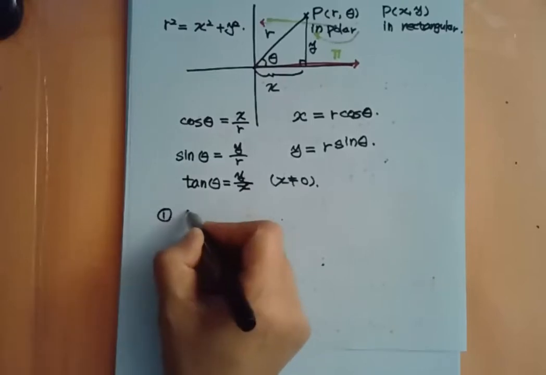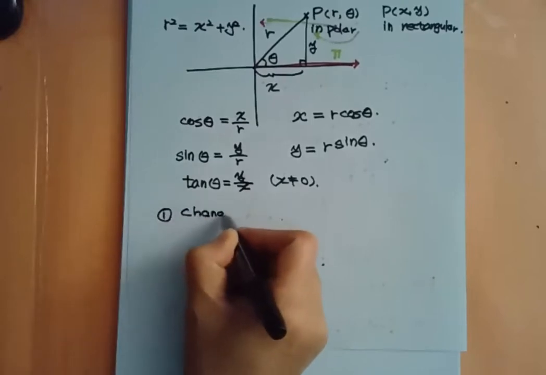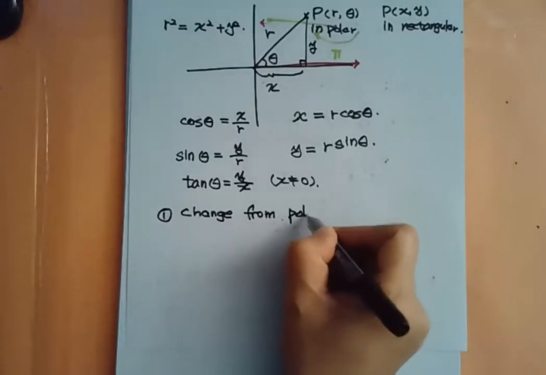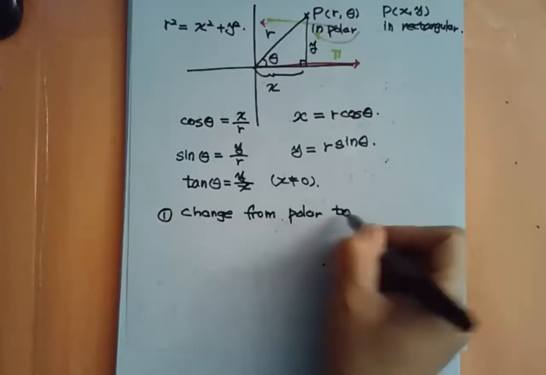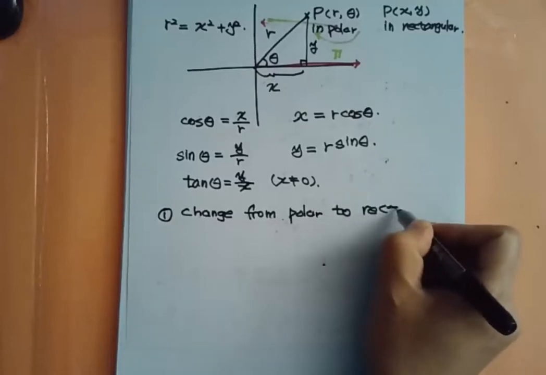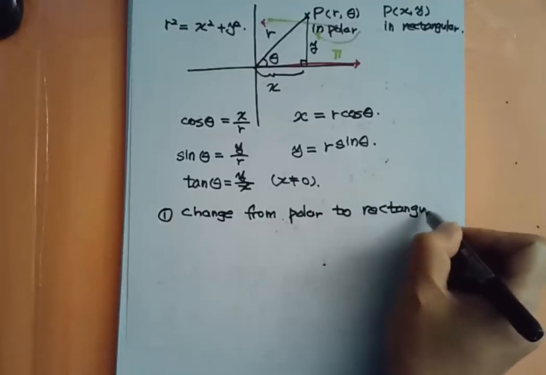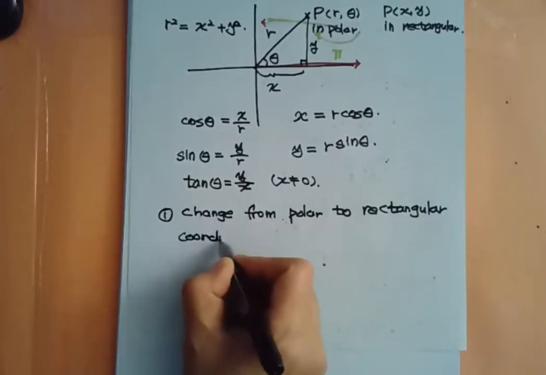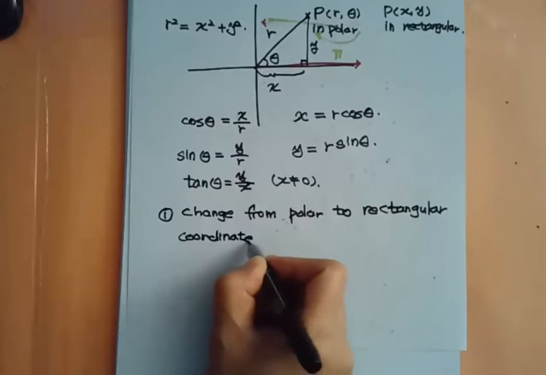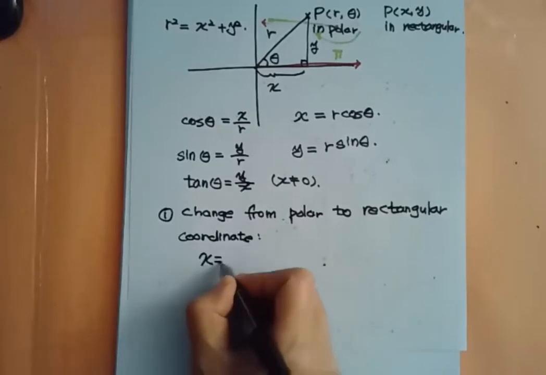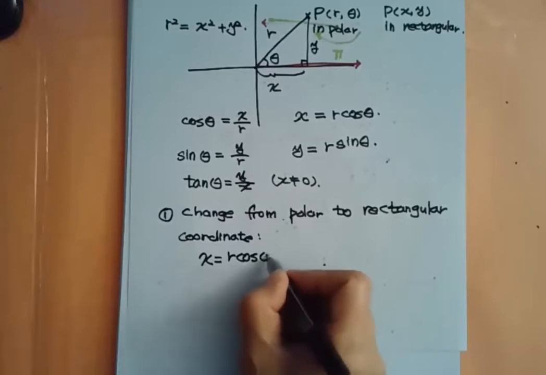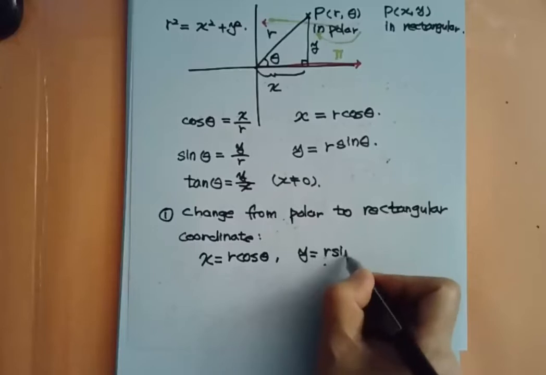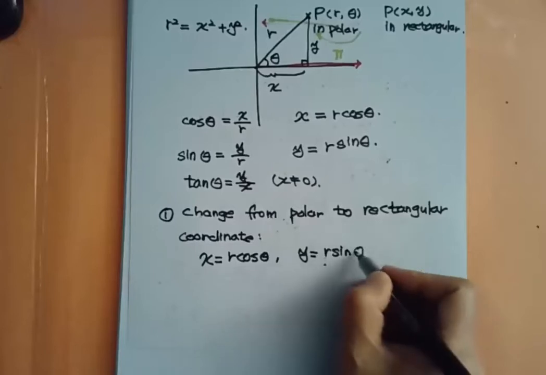So first one is change from polar to rectangular coordinate. x equals r cosine of theta and y equals r sine of theta.